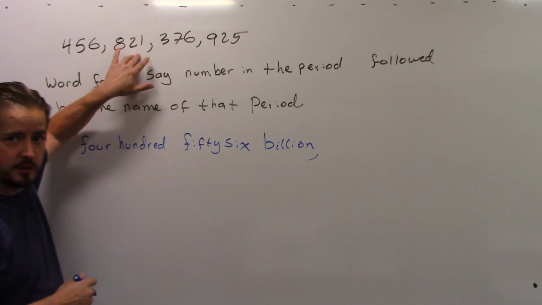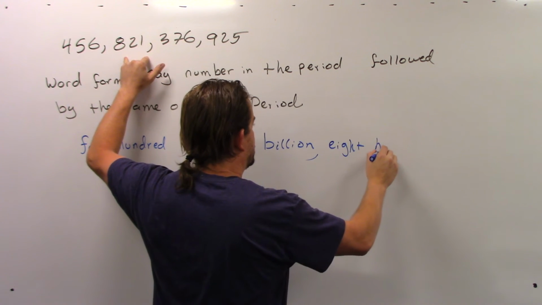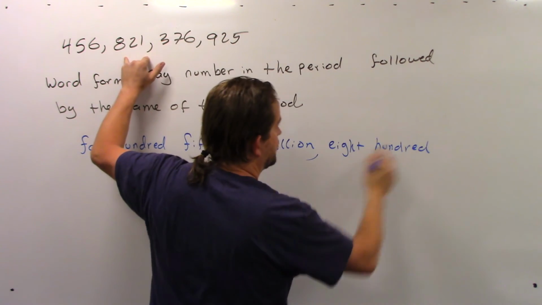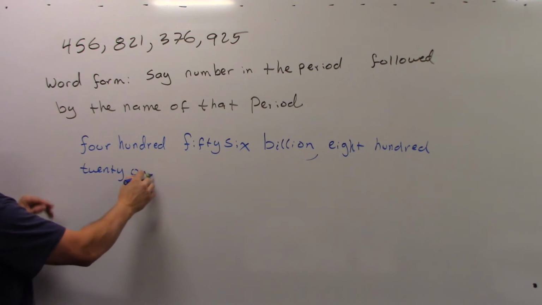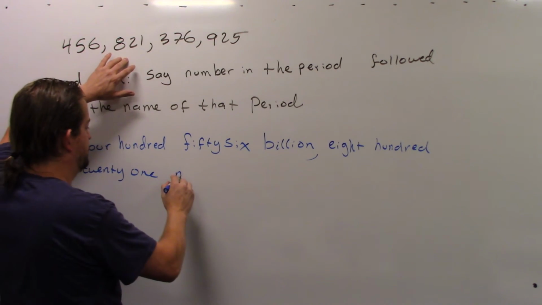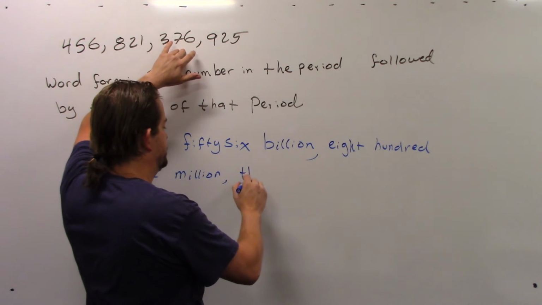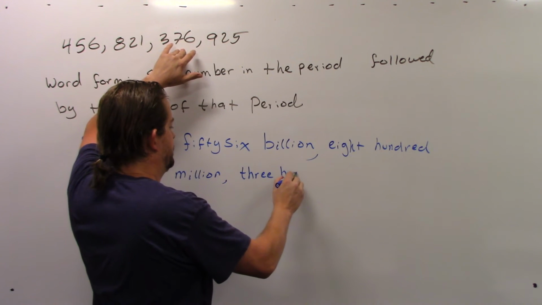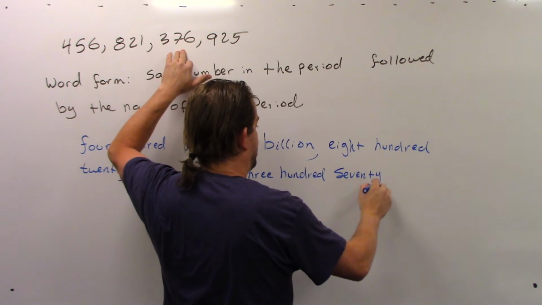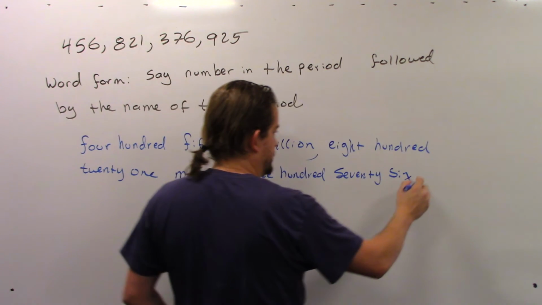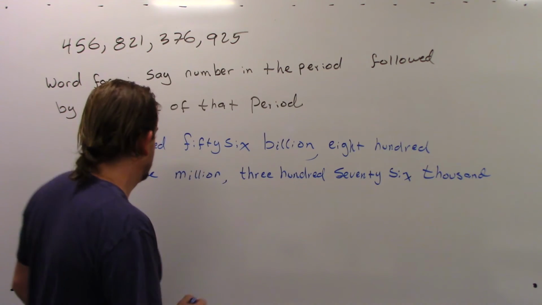Comma, and then you move on and do the next period. 821 million, comma, 376 thousand, 925.